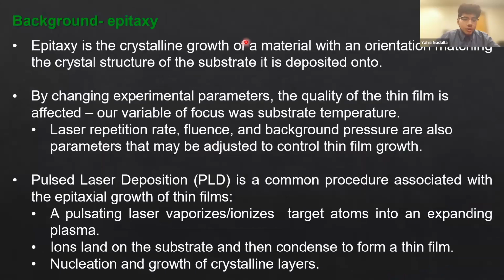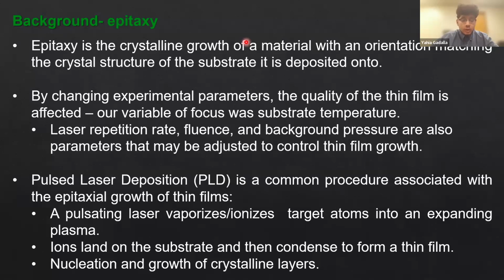So we start off the story with epitaxy. Epitaxy is the crystalline growth of a material with an orientation matching the crystal structure of the substrate it is being deposited onto. By changing experimental parameters, the quality of the thin film is affected. For our purposes, the variable of focus was the substrate temperature. You might also change the laser repetition rate, fluence, and background pressure, all to adjust your level of control of thin film growth.